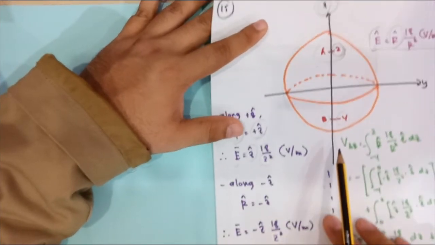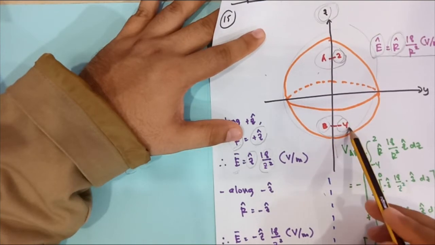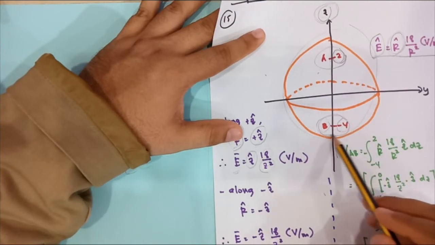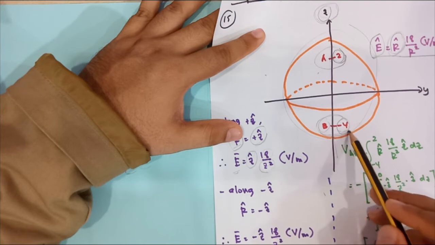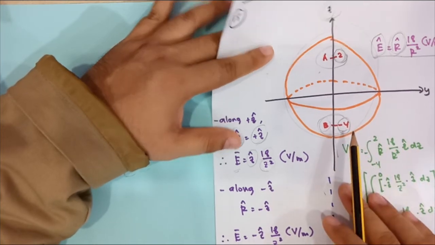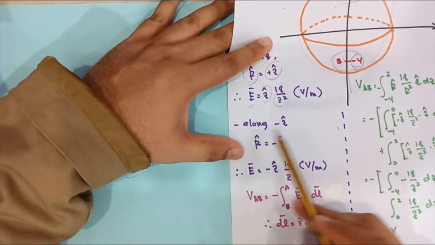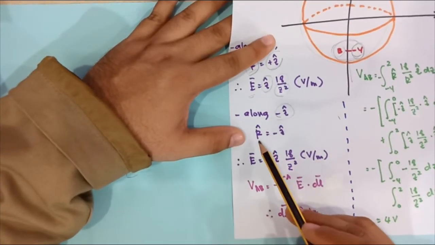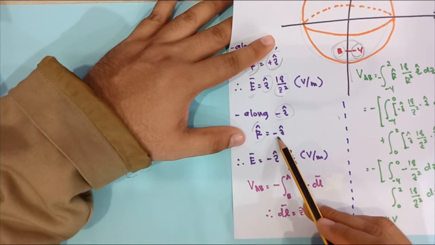For the second point, because its location is on the negative axis of z, along minus z cap we have r cap equal to minus z cap.